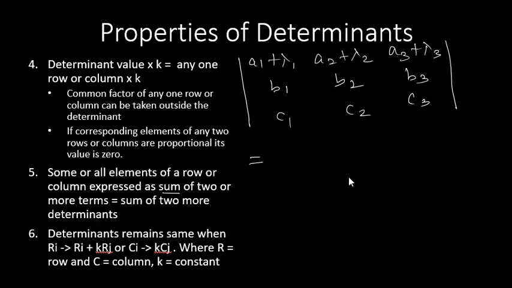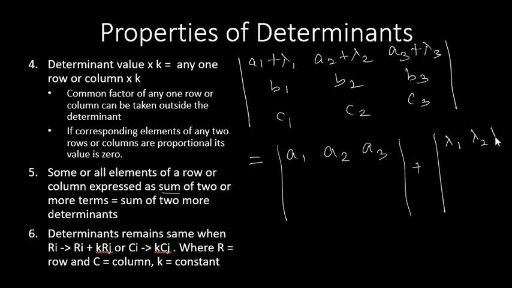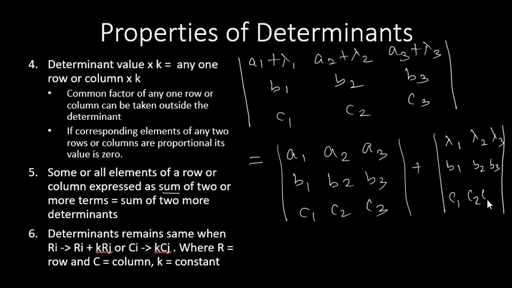We can dissociate the first row as a1, a2, a3 as a separate determinant, and lambda 1, lambda 2, lambda 3 as another, with the remaining rows B1, B2, B3, C1, C2, C3 in each.